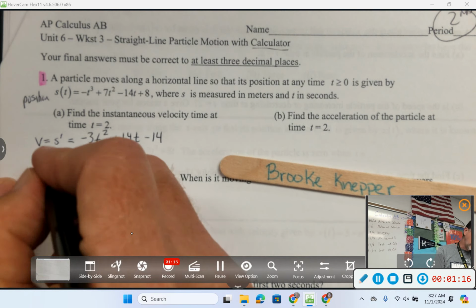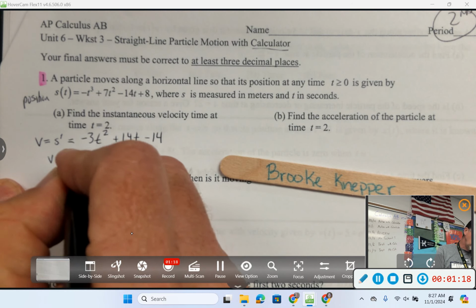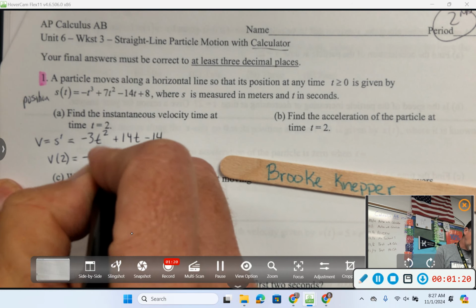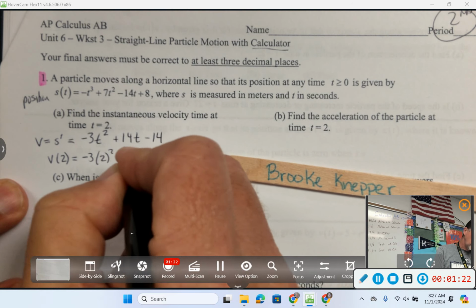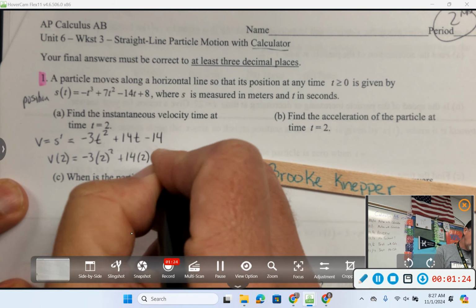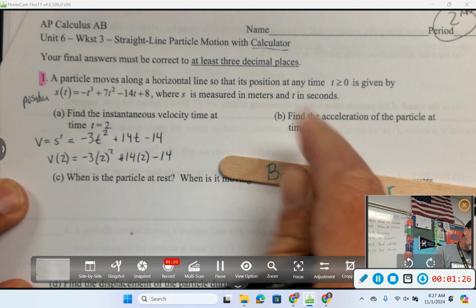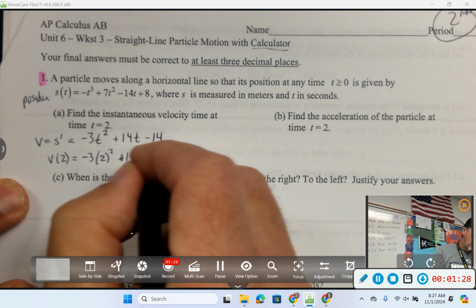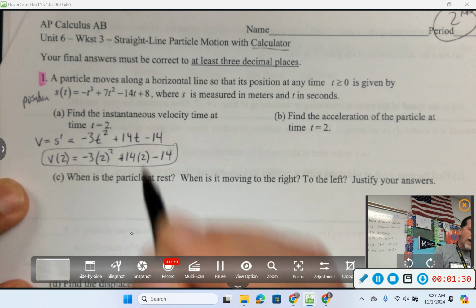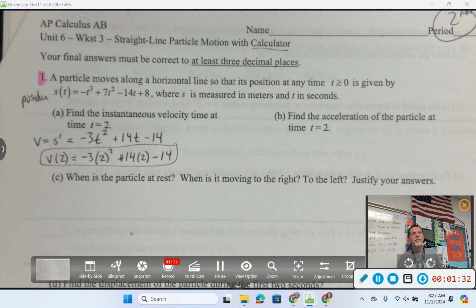Plug the 2 in. So v of 2 is negative 3 times 2 squared plus 14 times 2 minus 14. For now, I would box that and say that's my answer. Later, I may need to know if that's positive or negative, but I don't need that now.